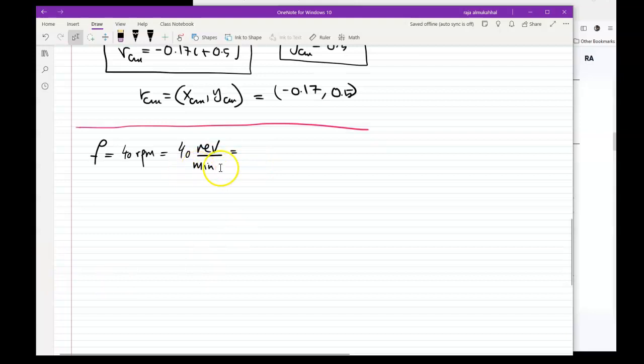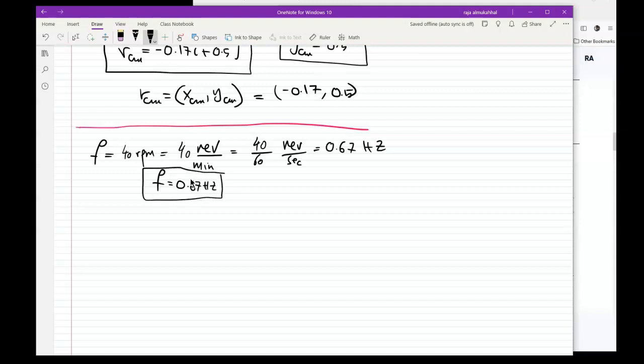So it's going to be 60 sec here when I replace it. So it's going to be 40 over 60 rev per sec. So that's 4 over 6, 2 divided by 3. That's 0.67 hertz. There we go. That's the frequency. I'm going to write it down again. That's the frequency, okay? All right.